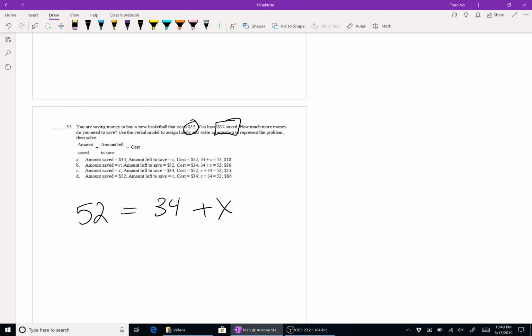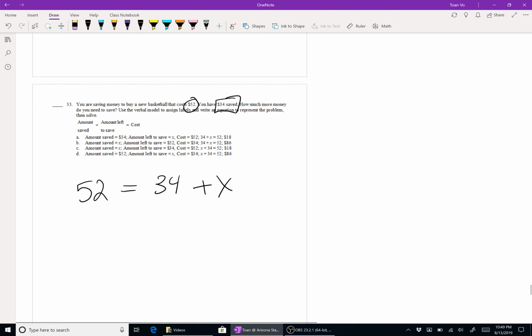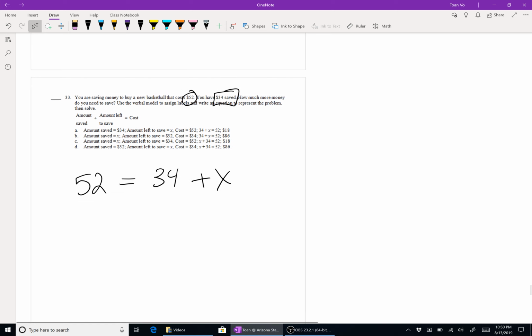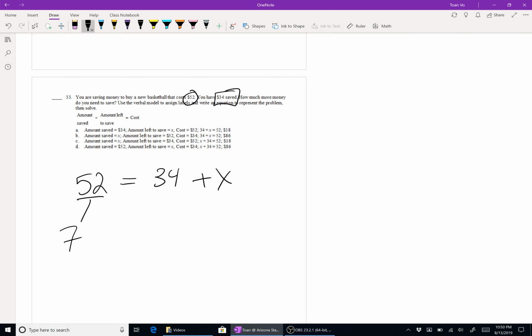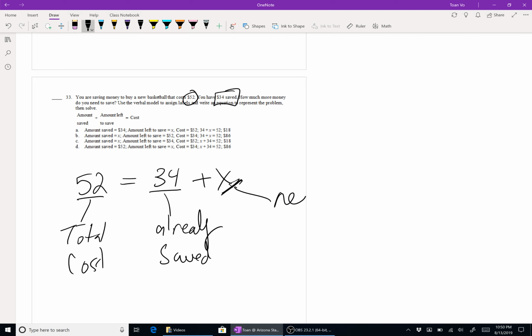That's the equation that you need to set up. But remember, in a word problem, each number and letter has a meaning. So this is the total cost. This is already saved. This is need to save.